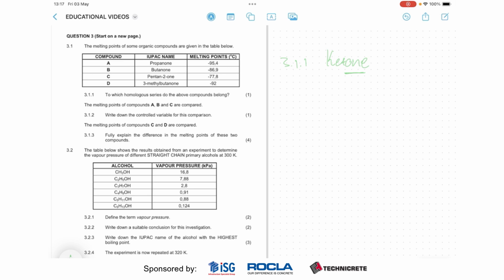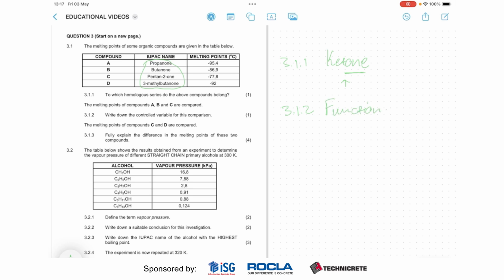When you have an experiment, you can't change more than one variable. There has to be a variable that is constant, or else you can't compare the things in your experiment. In this case, what's in common is that all our species under investigation are all ketones. So the controlled variable would be the functional group.